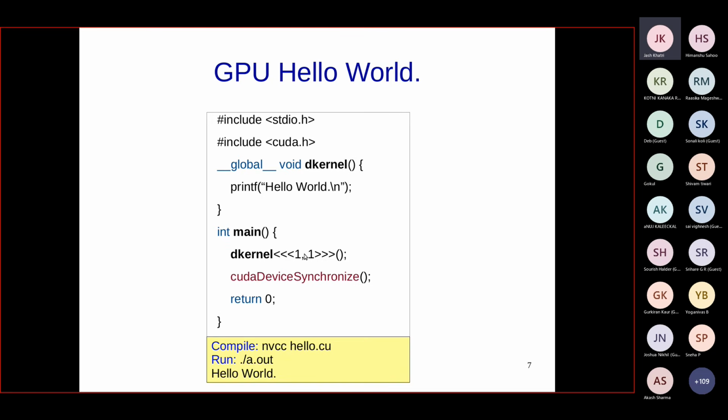Once the GPU buffer is dumped back to the CPU, the things will be printed, and then the next instruction, return 0, will be executed, and then the execution of main will finish. If you compile this program using nvcc and run it, you will see the hello world, which is the correct output for this code.